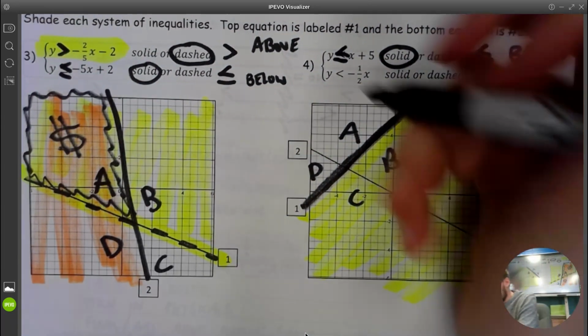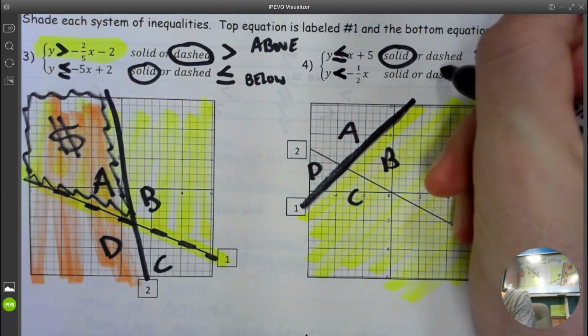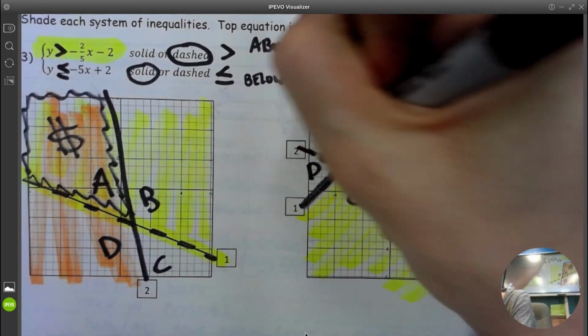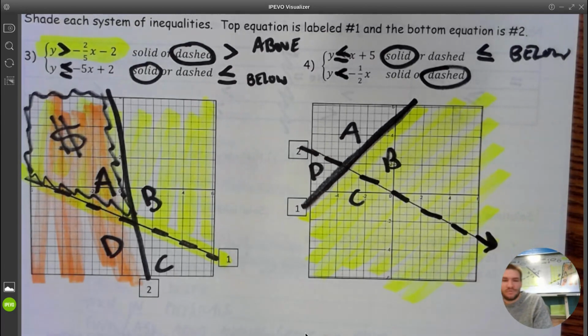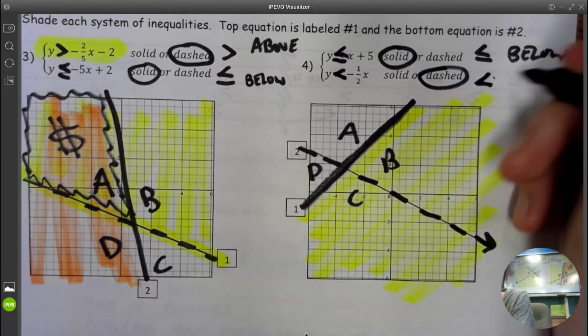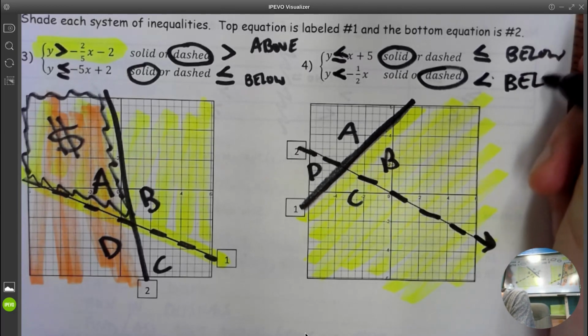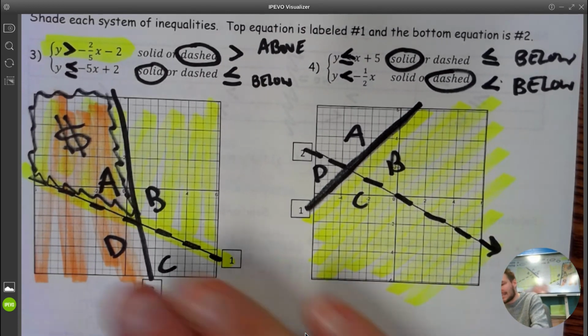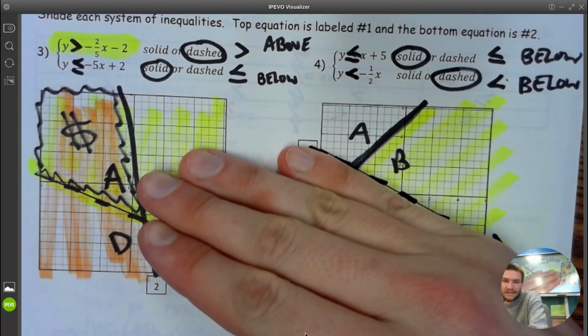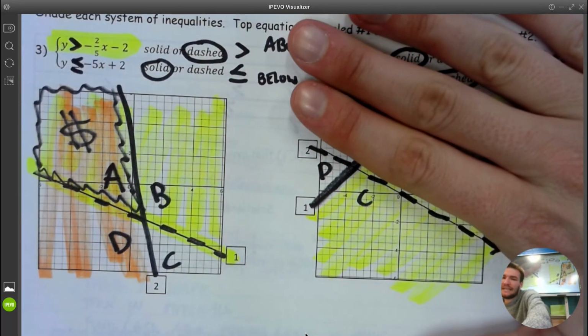The next one is a less than, which means dashed. Again, not really our focus right now, but still something we can do pretty quick. We have a less than, which is another below. So if it's another below, am I going to be coloring, looking at the dash line, on the AB side or on the DC side?